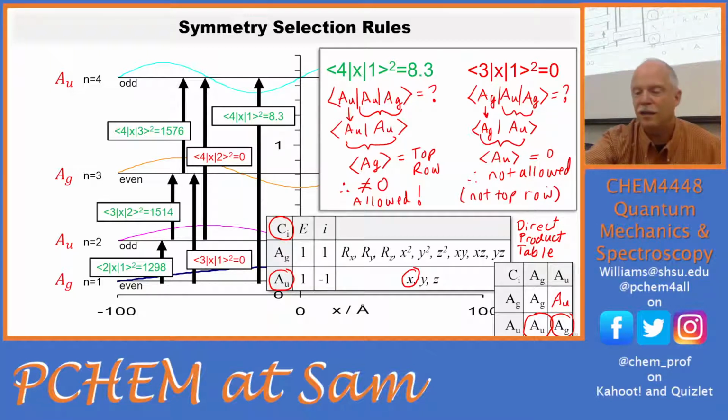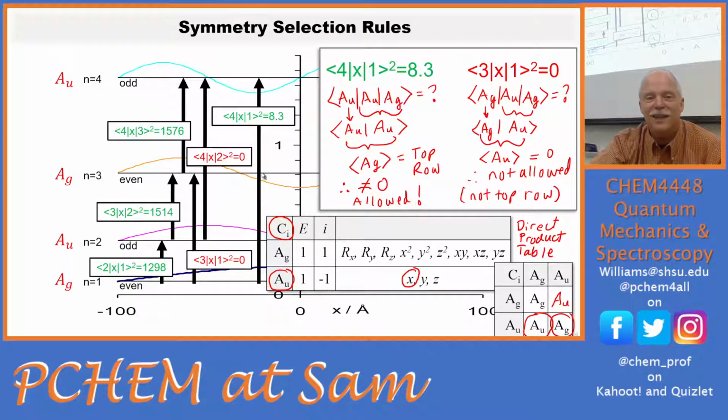Notice I'm saying top row, not AG, because not every character table has AG in the top row. Sometimes it's A, sometimes it's A prime. So whatever the top row is, that's the even one. I can't just say AG, right? It could be A1. For water, it's A1. Okay, so we're talking top row or else.